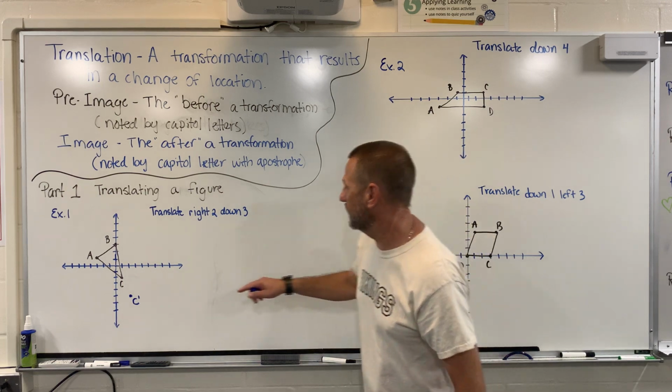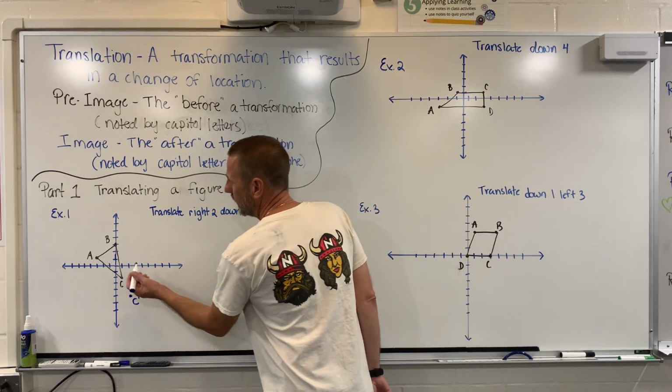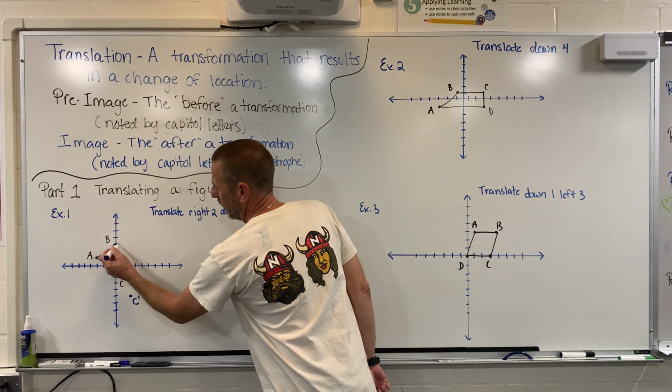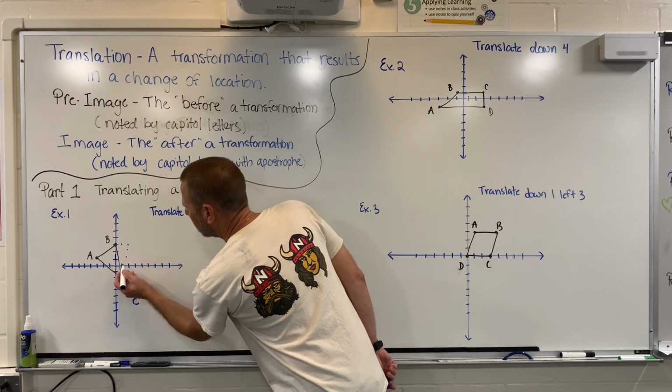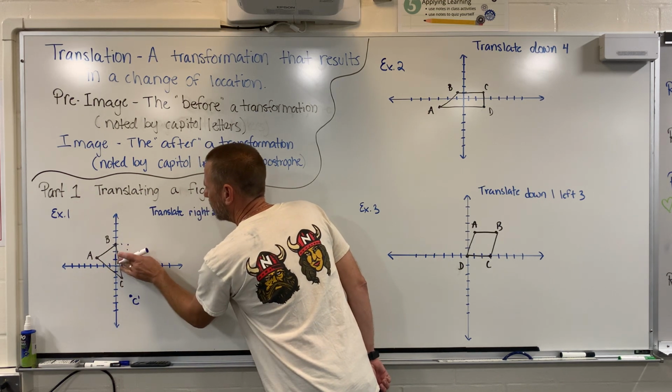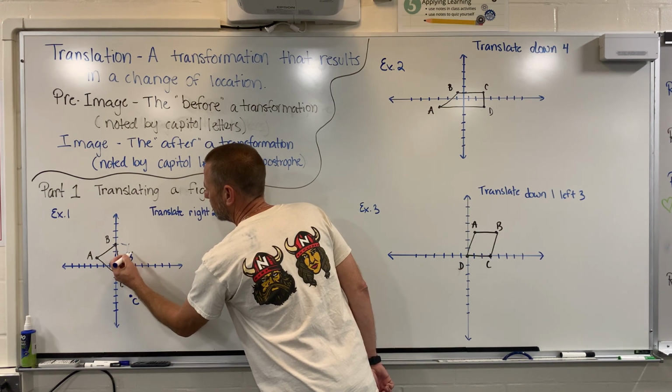And you can see all I did was go right 2, down 3. Well, if I do the same thing on B, I put my pencil on B and I go over 2, down 3. And there it is, and that's my new B.